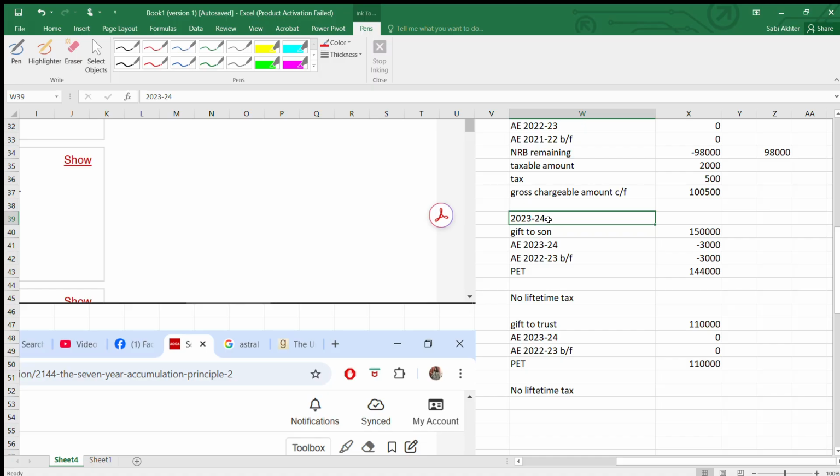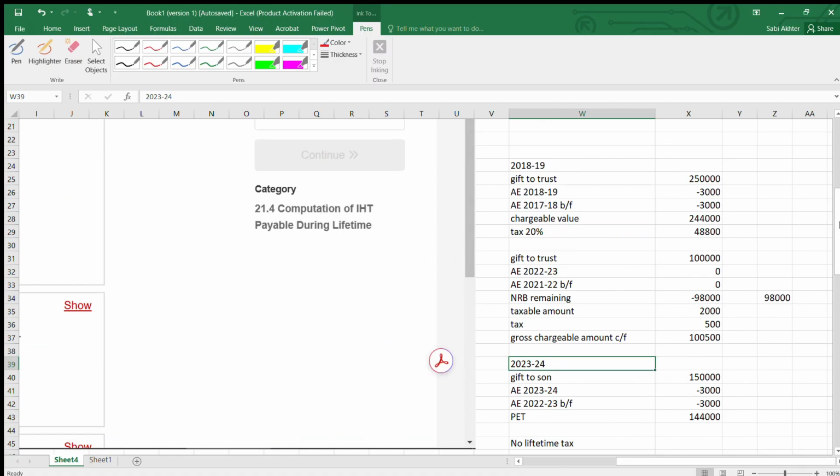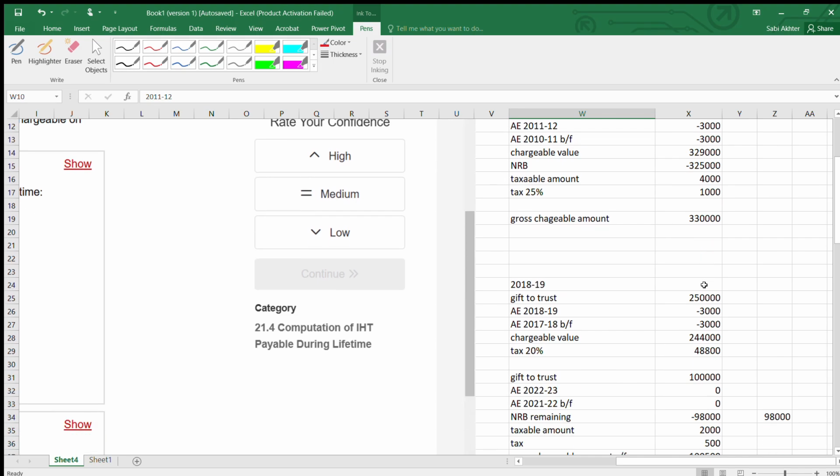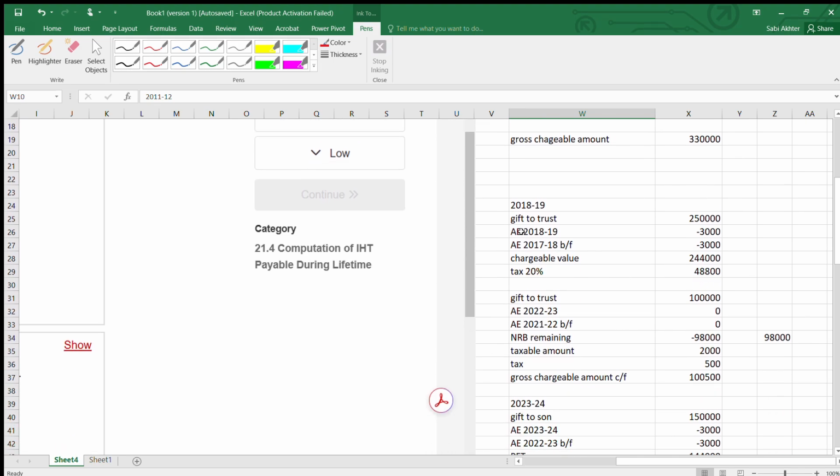So after any gift after 2016-17, only then you will utilize a nil rate band. So that means the first gift that you have made in 2011-12 is more than 7 years from the last gift, so you can ignore this. Thereafter, from 2018-19 onwards, you have to calculate all the gifts and see how much nil rate band they have utilized. Understanding?